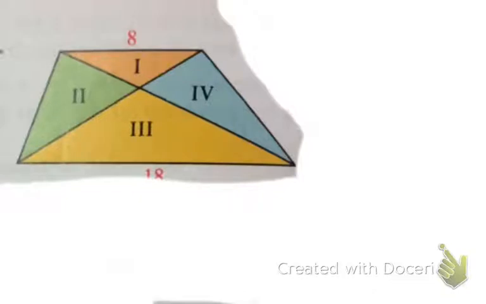So help me through this one. All right, my A is 1, 2, 3. Similar, same base, height, everyone. Similar. So we have similar triangles.